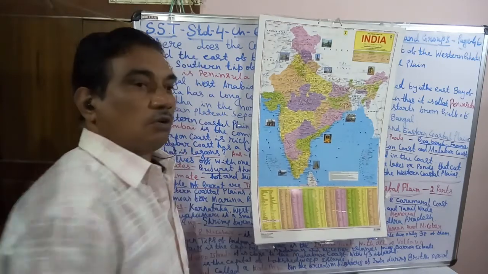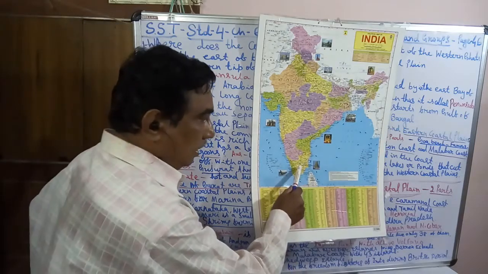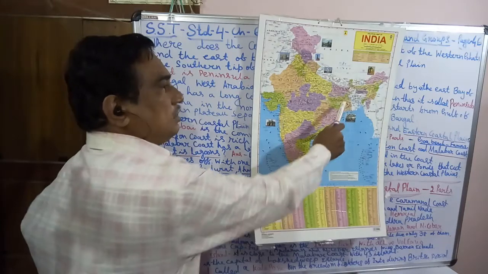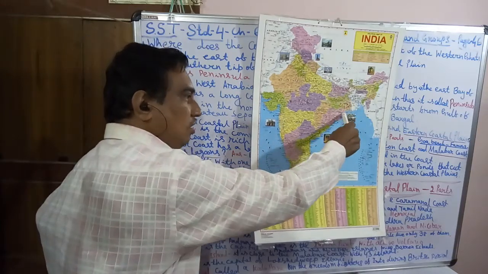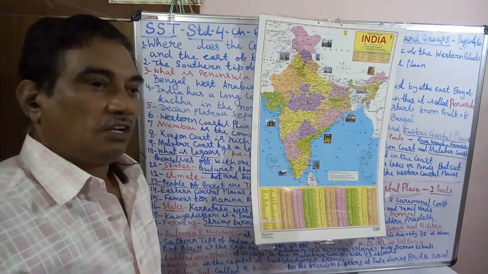Eastern coastal plain: Karnataka, then Tamil Nadu, Andhra Pradesh, Telangana, Orissa, West Bengal. These are all included in the eastern coastal plain.